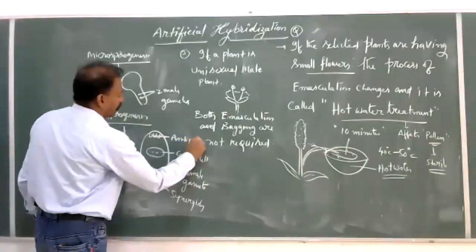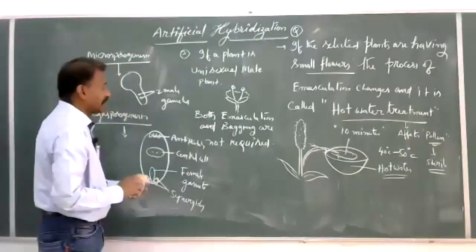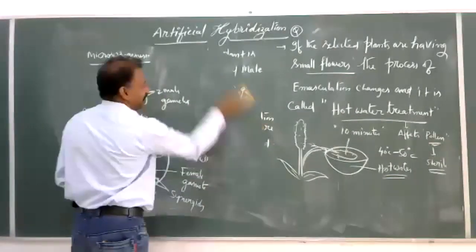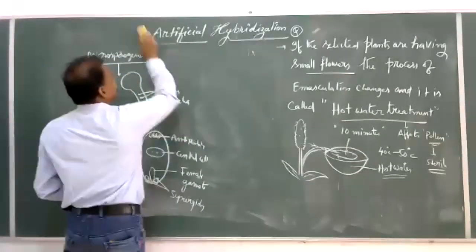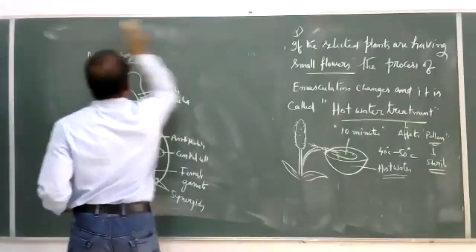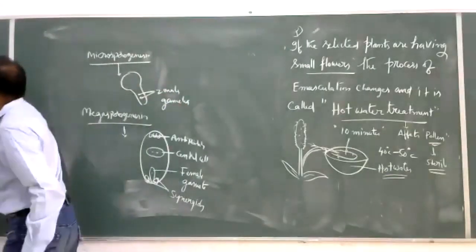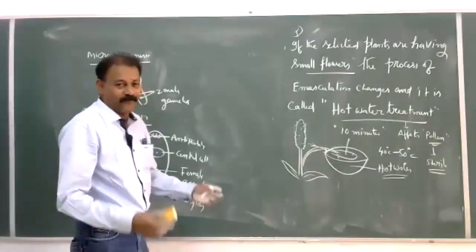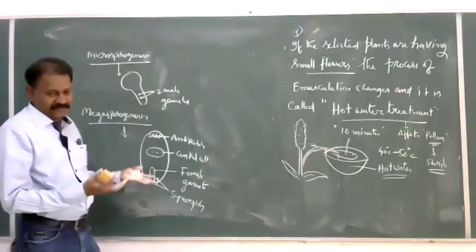So in our previous classes, we have seen how all these structures are formed gradually in a flower, in the male reproductive sex organ and in the female reproductive sex organ. Now both are ready here.